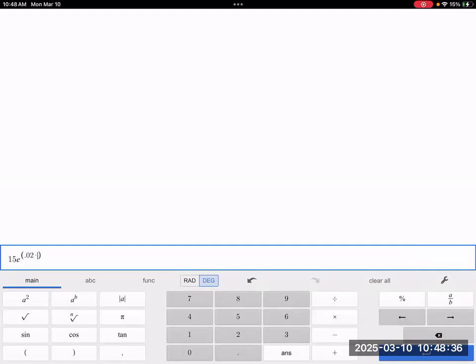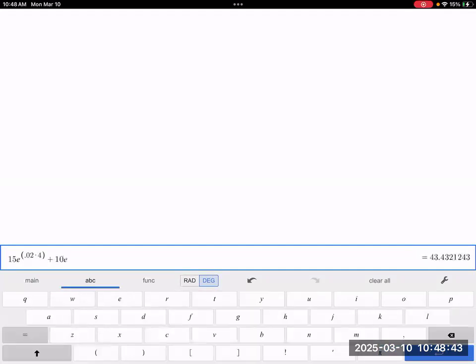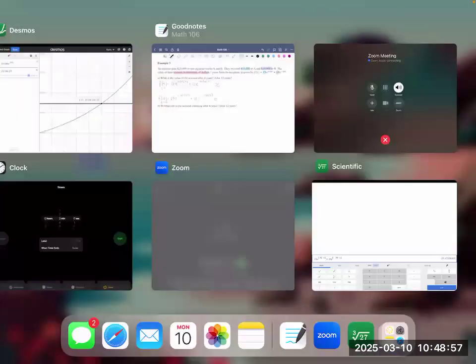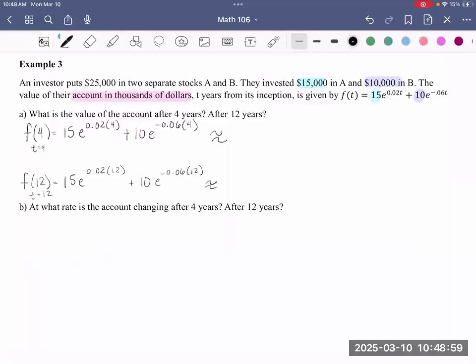Back up, there we go. Times 4 plus 10 e raised to the negative 0.06 times 4. And there you have it. So we have 24.11558.